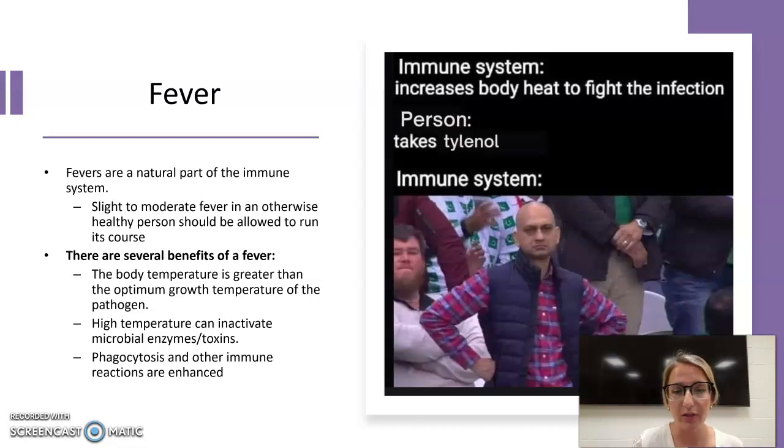So this combination of having a fever where the microbial growth slows and the immune system speeds up is what's going to clear the infection that much faster. So overall, again, if you are otherwise healthy and you have a low-grade fever, it's perfectly fine to let that fever run its course because that is going to help you get rid of the infection faster.